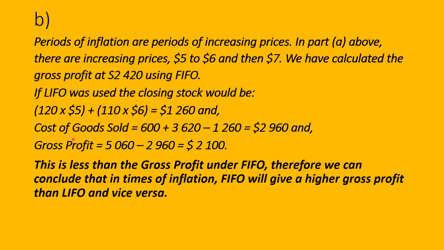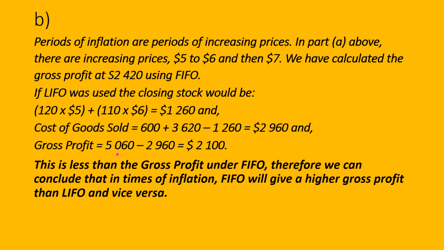And the cost of goods sold would be 600 plus the purchases of 3620 minus the closing stock. The only thing that would change is the closing stock to 1260, and we get 2960 as the cost of goods sold.